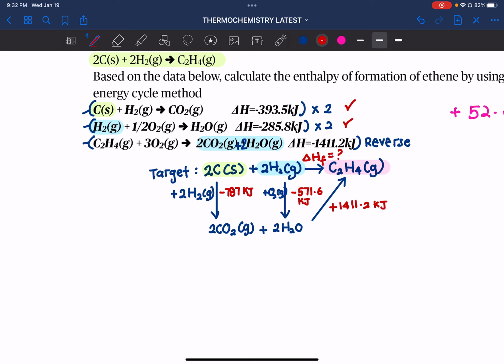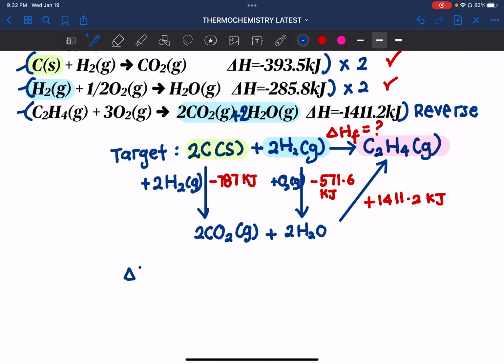So kita tahulah kalau ikutkan Hess's law, delta HF equals to negative 787 plus negative 571.6 plus 1411.2 kilojoule.